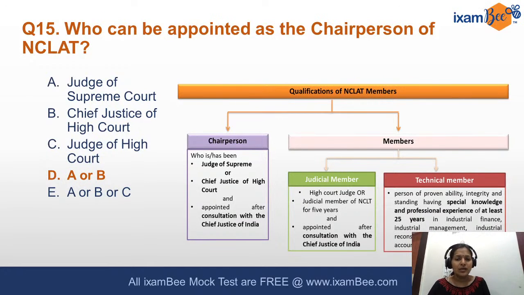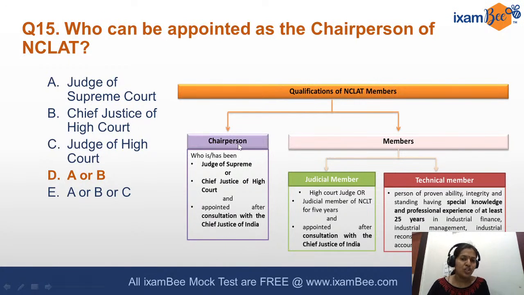So he can be a chairperson. This is given under chapter 27, which relates to the tribunal, which is NCLT, and the appellate tribunal, which is NCLAT. Here I have asked for NCLAT. The chairperson can be either a judge of the Supreme Court or the Chief Justice of a High Court, and they have to be appointed in consultation with the Chief Justice of India.